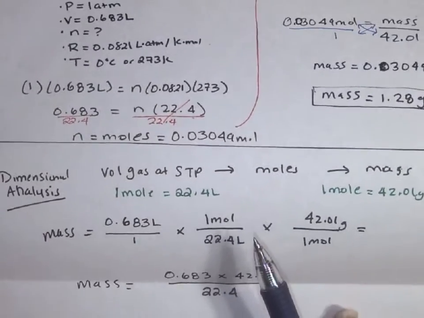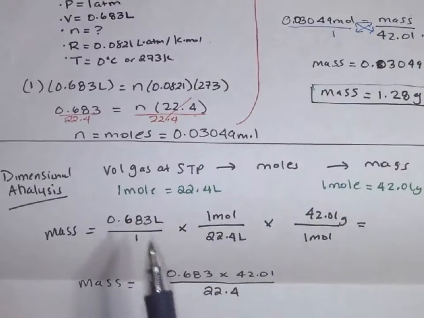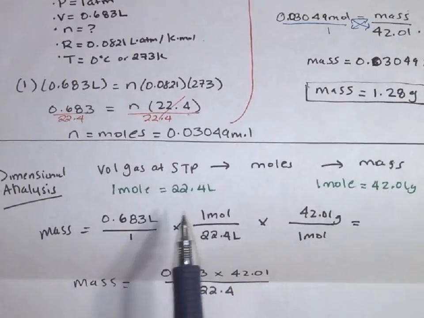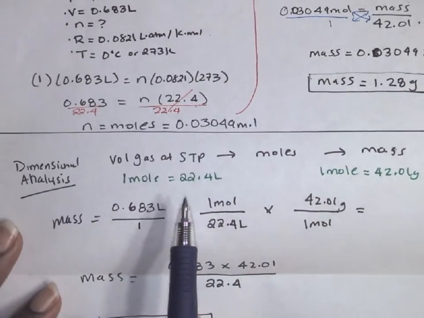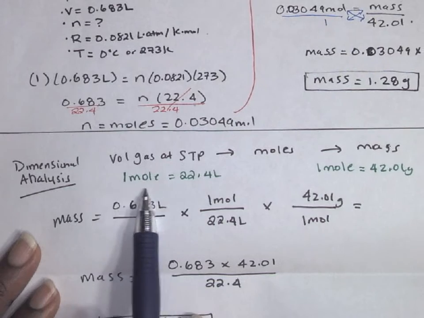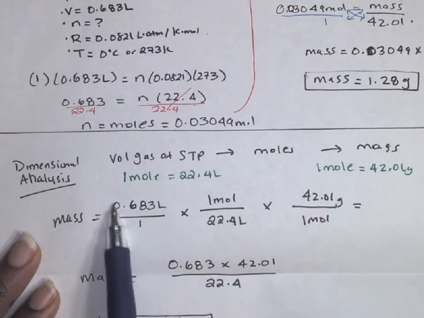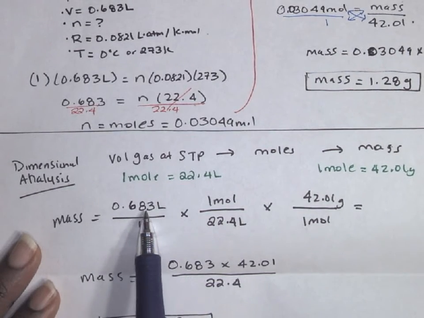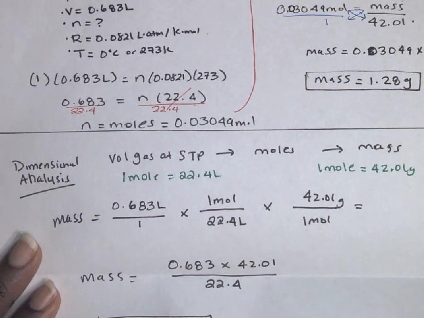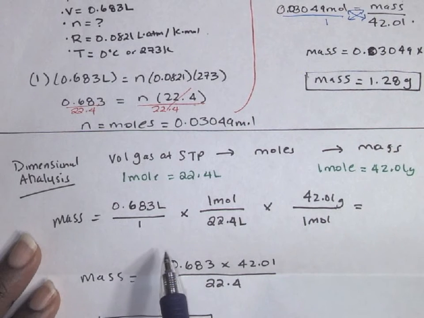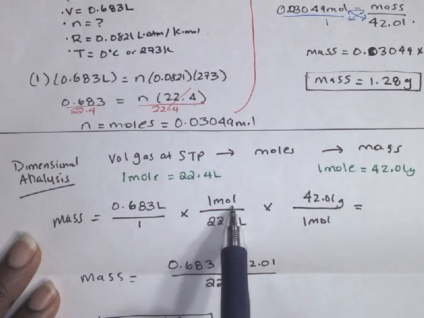So for the dimensional analysis setup, volume of a gas at STP, that's what we're starting with. So we're going to convert that using this conversion factor. So I take my given 0.683 liters, I was given that volume, put it over 1 just to make it into a fraction, and then we're going to multiply it by our conversion factor.